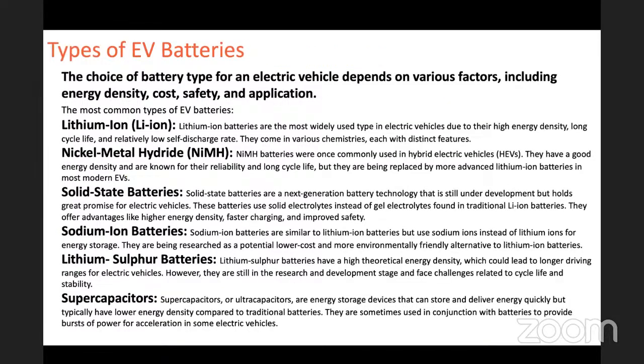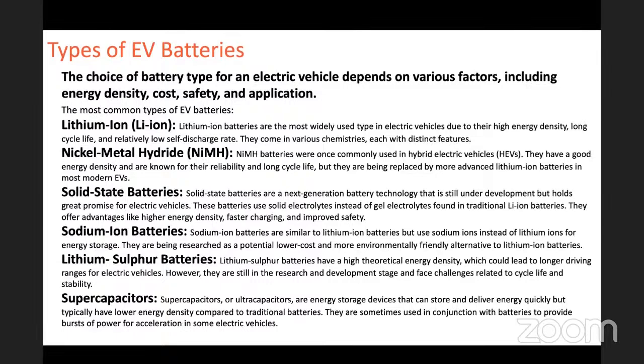And the types of EV batteries. Predominantly we have seen lithium-ion batteries used in EVs, and they are commonly used in EVs as well as energy storage systems. Then nickel metal hydride is another chemistry, other than lithium. This also has a long life cycle.